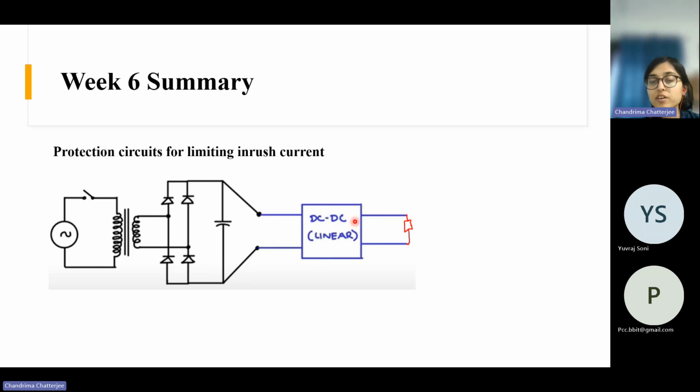That's why for high power applications we use the switched mode converters, not the linear regulators, which we will study later. So its only drawback is that it is very lossy, right? That's why we can't use DC-DC linear regulators in applications where we need highly efficient circuits.